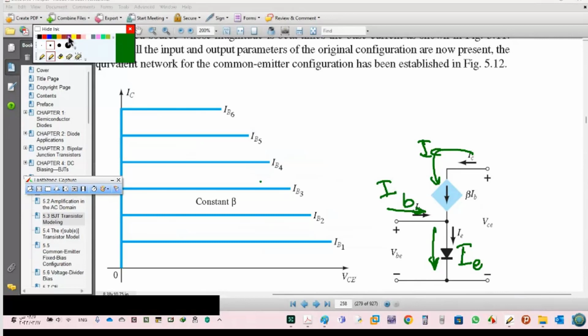So here, if you remember, IO and IC will be in the same direction.